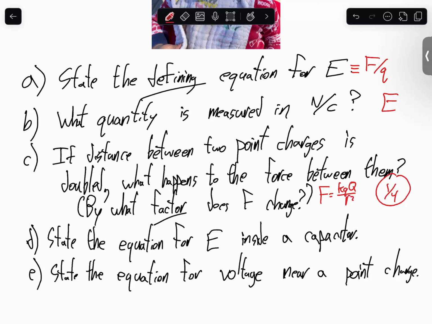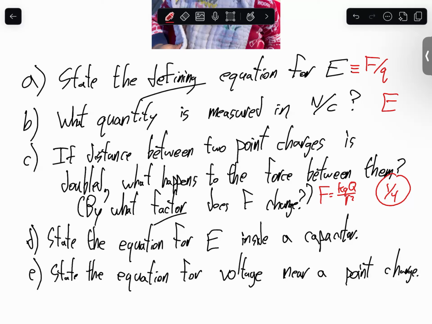When I say if I change, I'm saying I have a new configuration. If I double the distance, r becomes twice as great. Which goes on top and which goes on bottom? New on top, old on bottom, always. So the correct answer is 1/4, not 4.